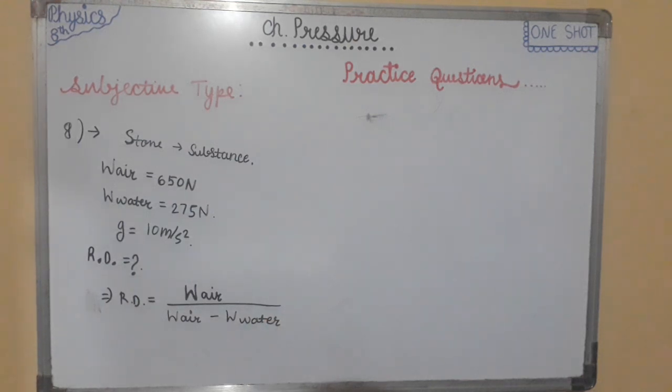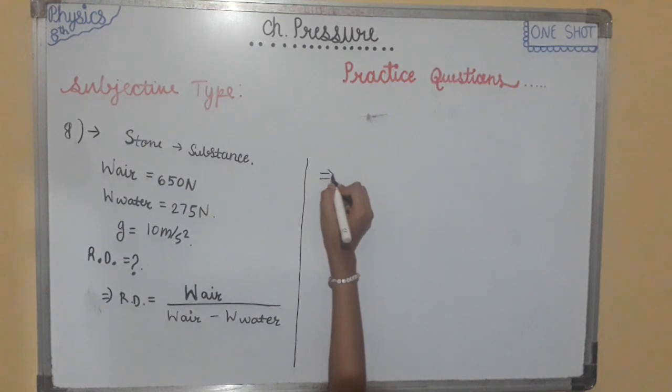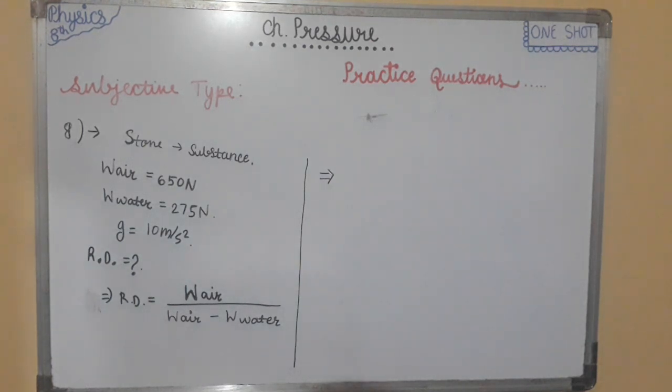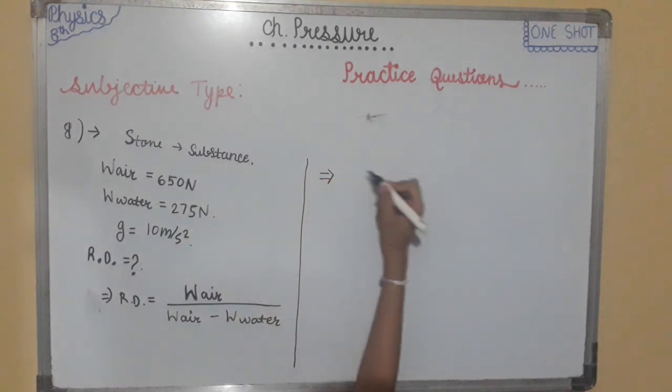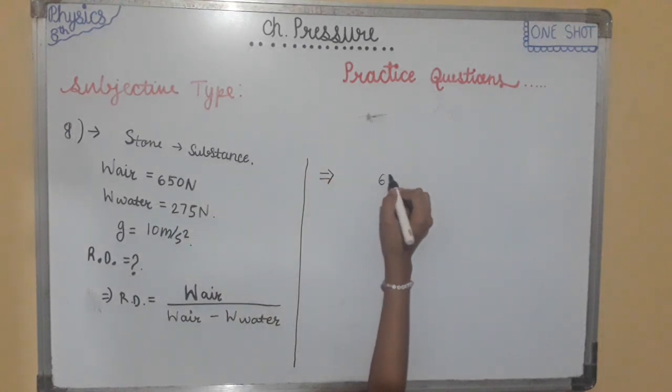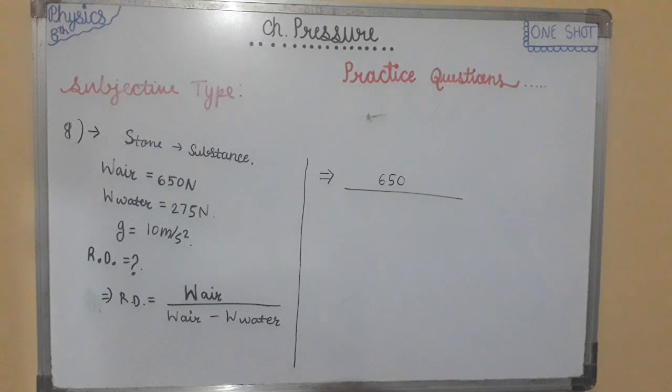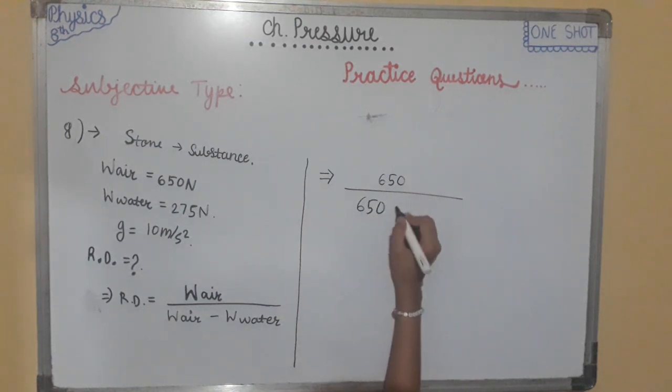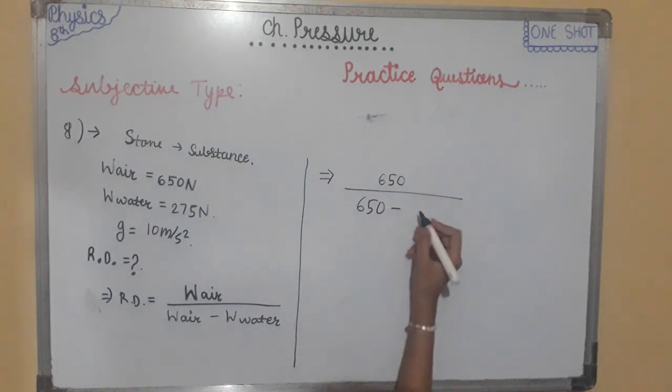So let's put the value and find out the relative density of the substance. Here weight in air of the substance stone is 650 Newton upon weight in air, again it is 650, minus the weight in water of stone is 275.